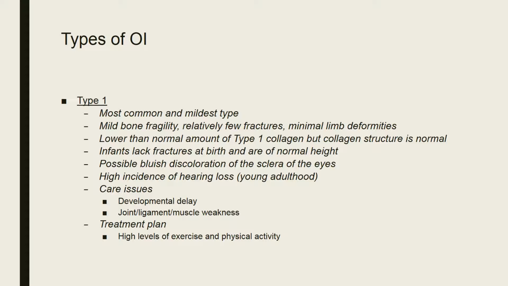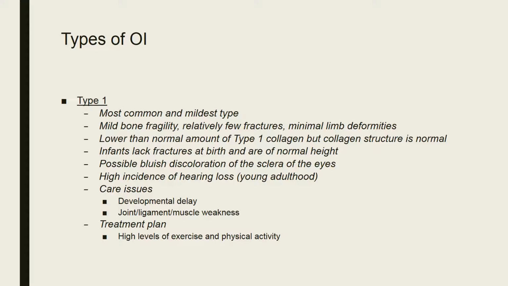And so if somebody does have type 1 osteogenesis imperfecta, it's important to keep safety in mind, but there's also safe ways that we can use physical activity and physical exercise to help increase their overall development.